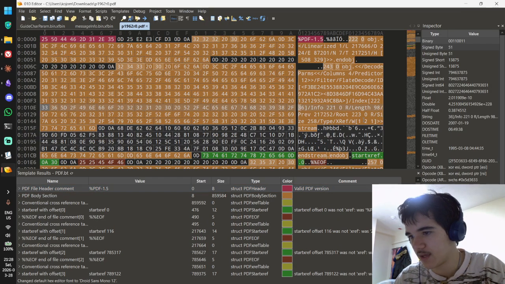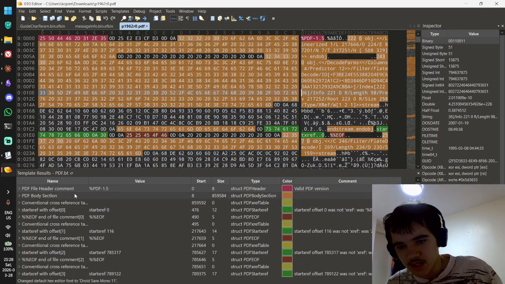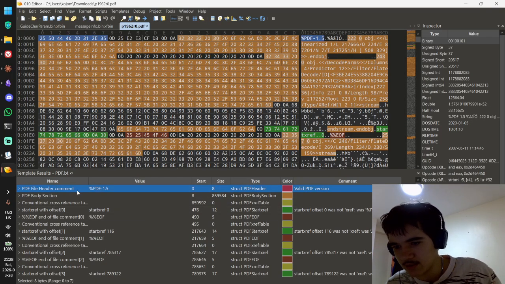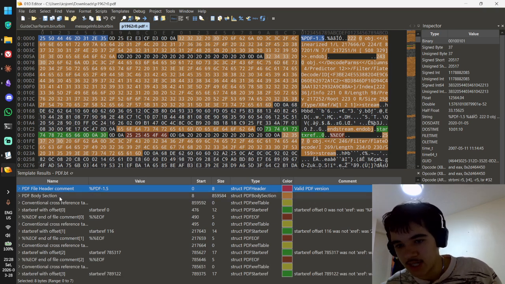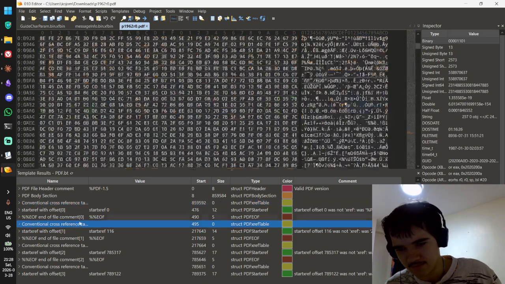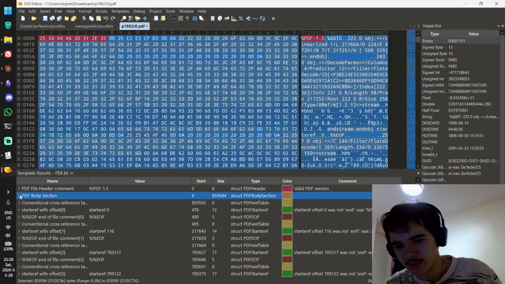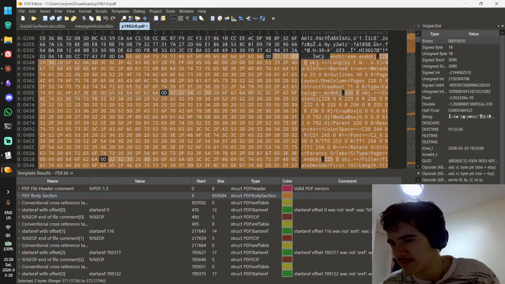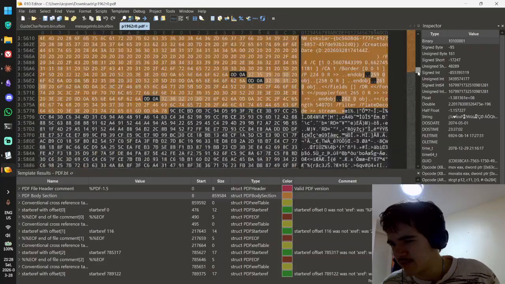I'll zoom out here. So you got header, comment, okay. Body section, conventional. What? I don't know what this template even is. Okay, so how does it work? We have decode params. This stuff.